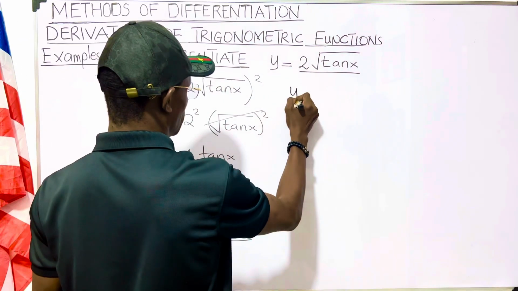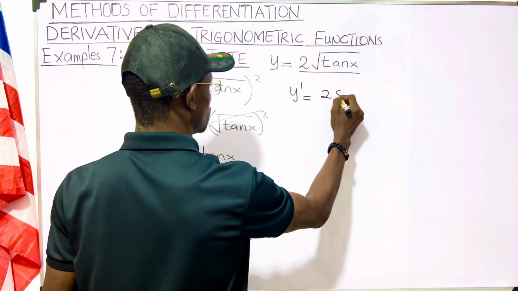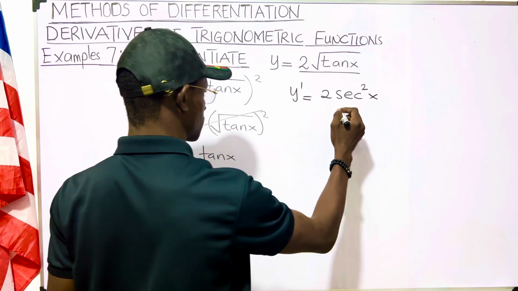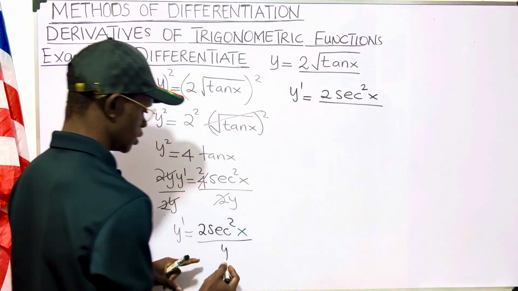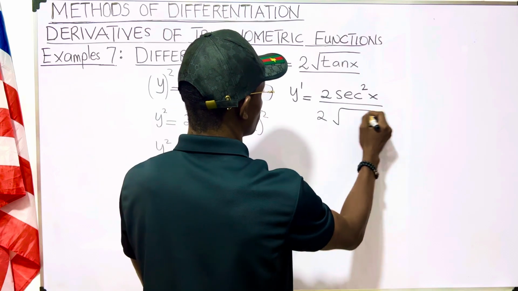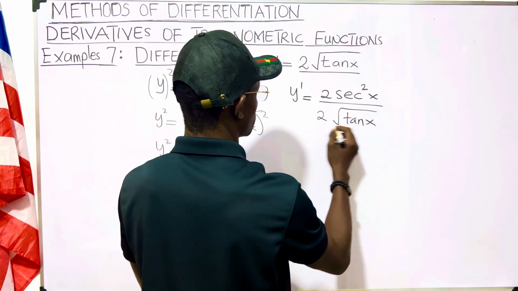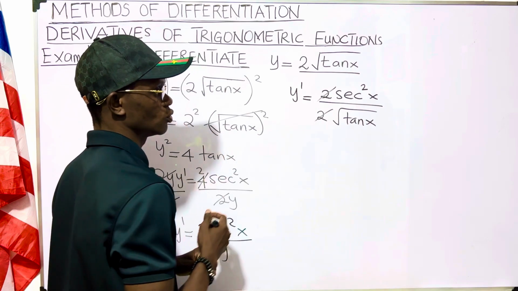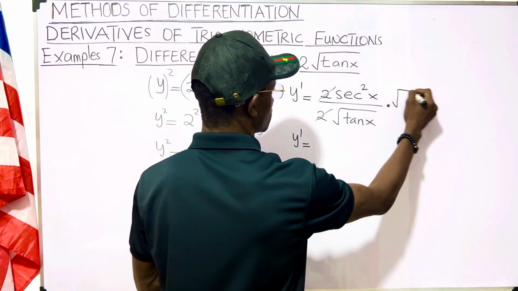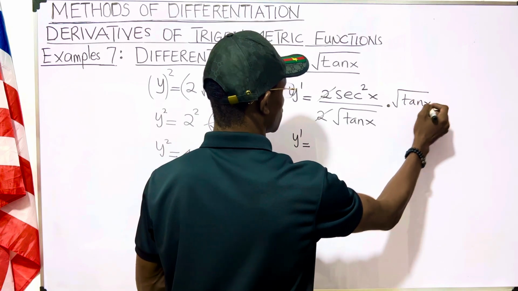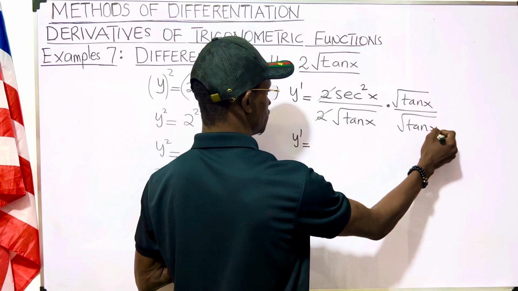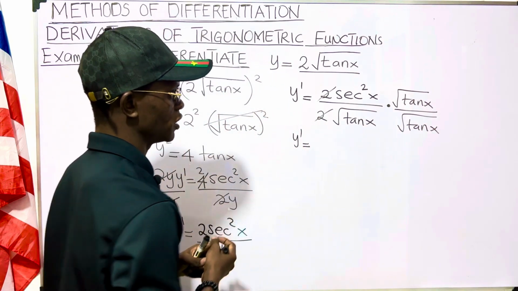So we have y prime now equal to 2 secant squared x all over this y, which is 2 times the root of tangent of x. So 2 cancels 2. Now we can rationalize the tangent of x, because we just want to get rid of the square root from within the denominator.